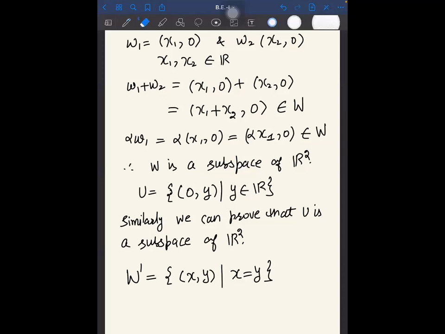Let W1 and W2 belong to W dash. So W1 is something like x1, y1, and W2 is x2, y2, such that x1 is equal to y1 and x2 is equal to y2.